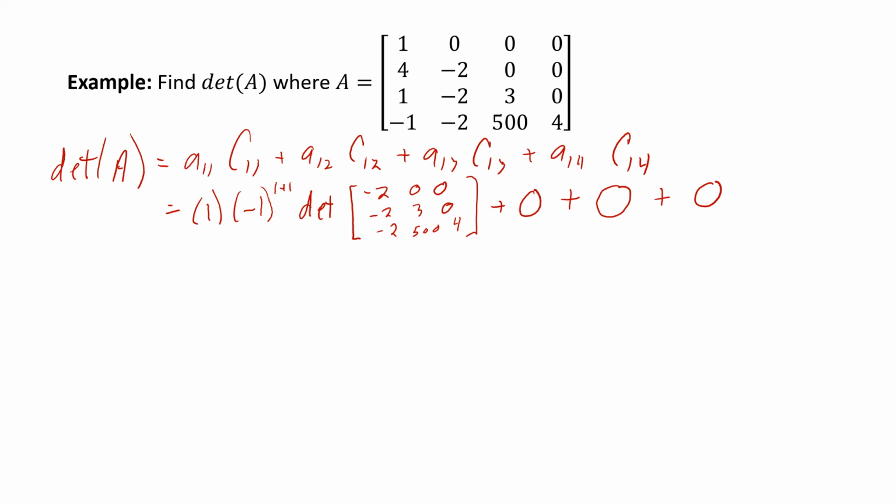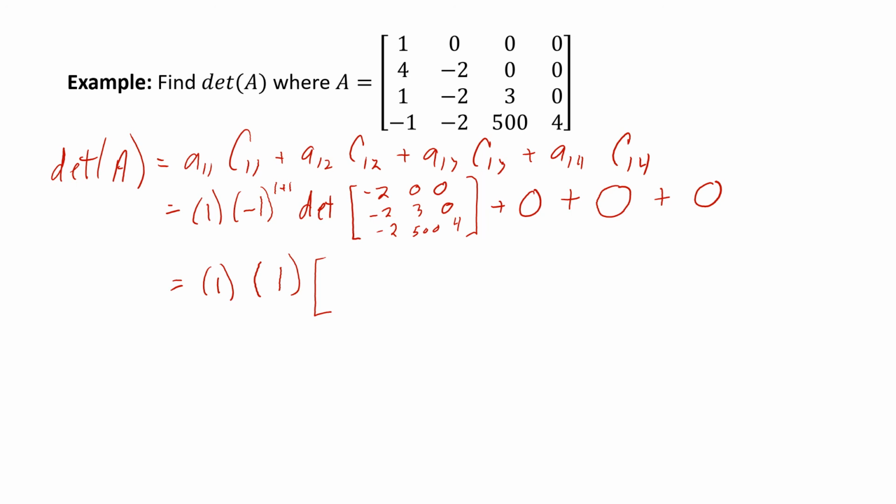So what's this first one equal to? Well, that's equal to 1 times -1 to the 1 plus 1. Well, that's just equal to 1 times the determinant of this. Well, another determinant. We have to calculate this out. Let's do the cofactor expansion along the first row.